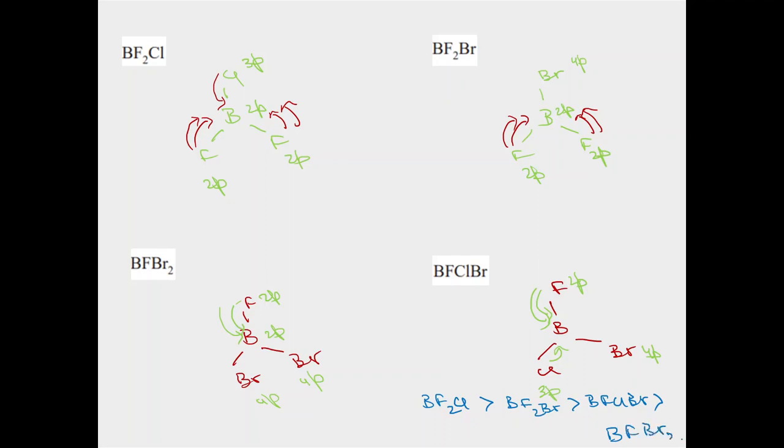So since back bonding and Lewis acid strength have an inverse relation, the order for increasing Lewis acid strength will be just the opposite of this.